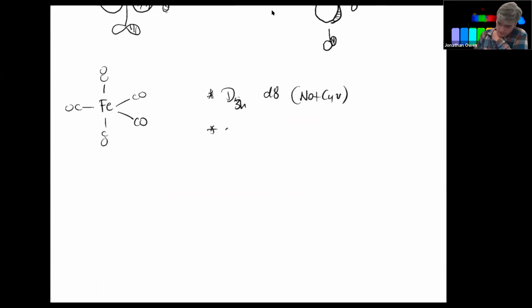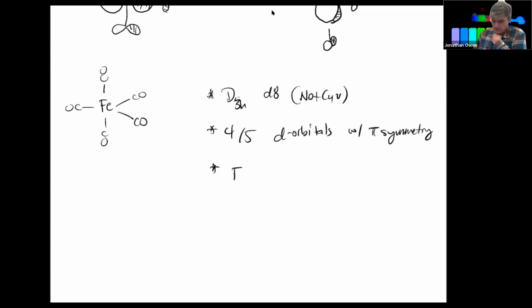It has 4 out of 5 d orbitals with pi symmetry. And iron 0, d8, is electropositive. Okay. The iron wants to give up its electron density to those carbon monoxides.